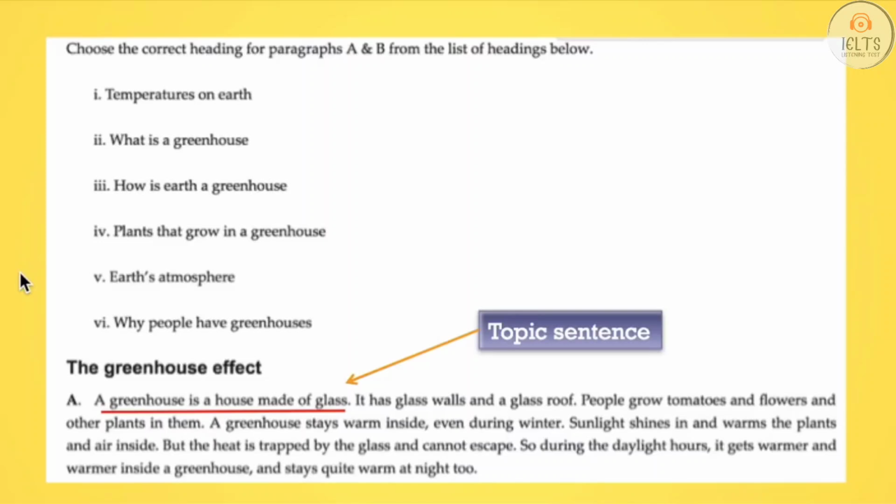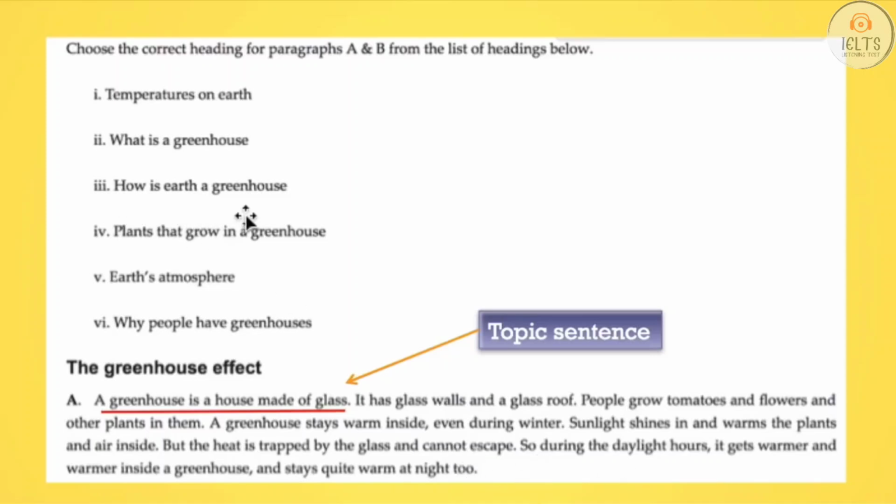Okay, so I want to take you through each and every heading. Let's look at the first heading, temperatures on Earth. There's no talk about the temperatures of Earth here, so this is not a good fit here. What is a greenhouse? Well, they have explained the greenhouse here, so that can be a possibility.